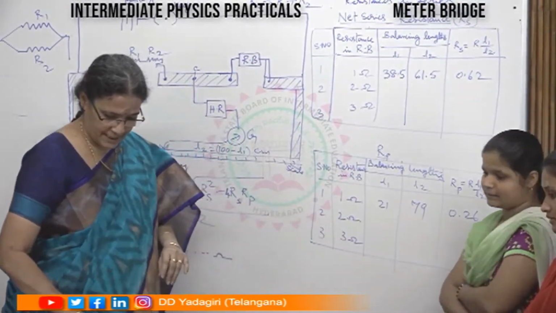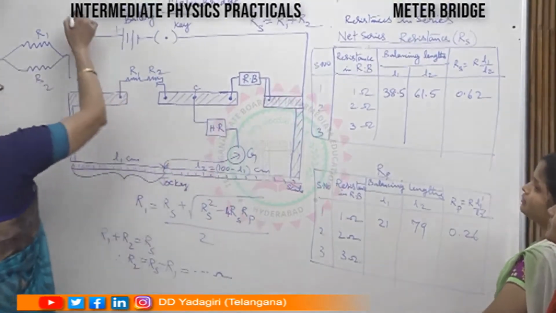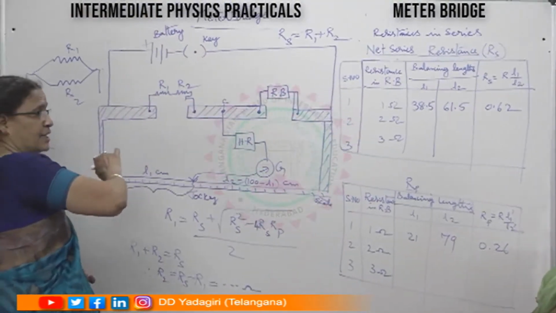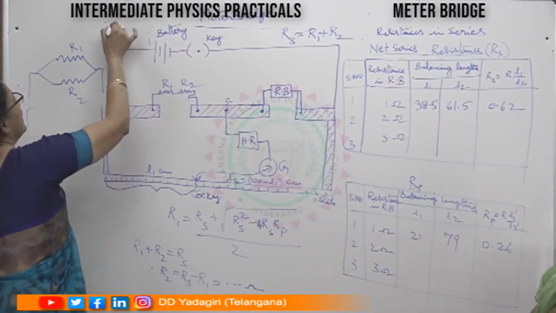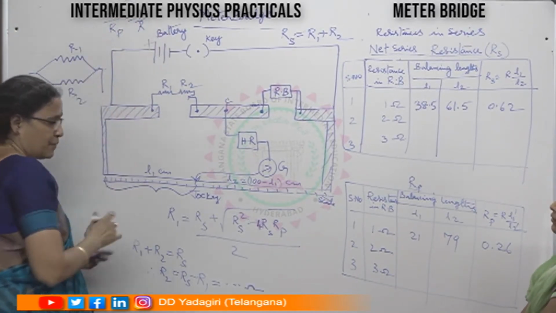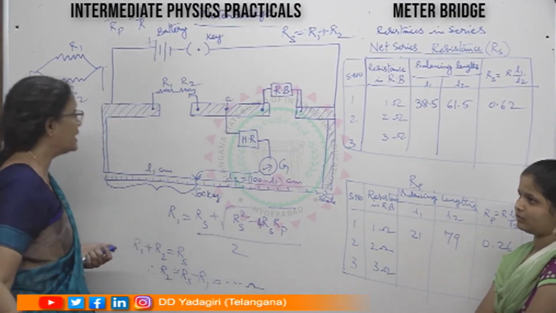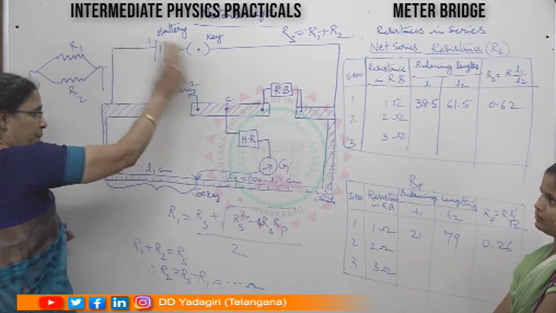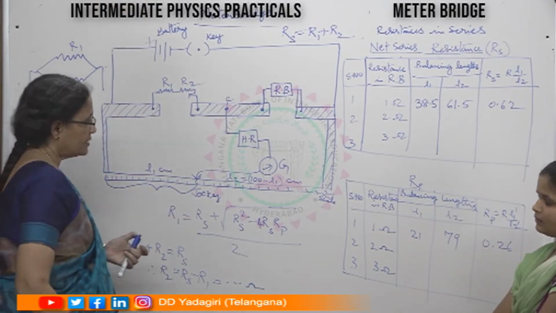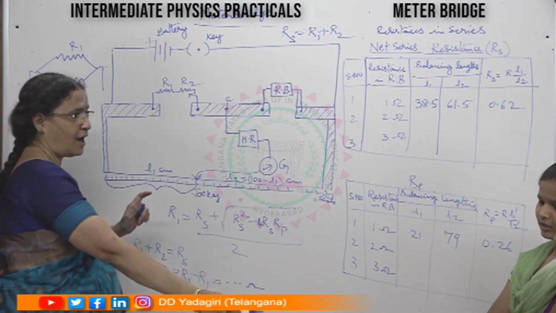Now what I am getting is RP. When resistors are connected in parallel, 1 by RP is equal to the effective resistance, 1 by R1 plus 1 by R2, like that. But you don't go into all these details, but that is RP you are getting. Now our aim is to determine what? R1 and R2.